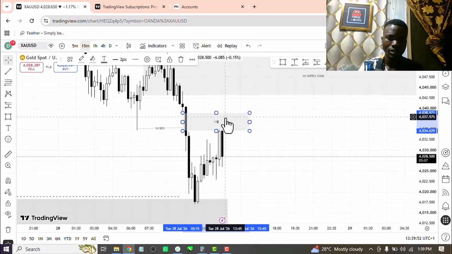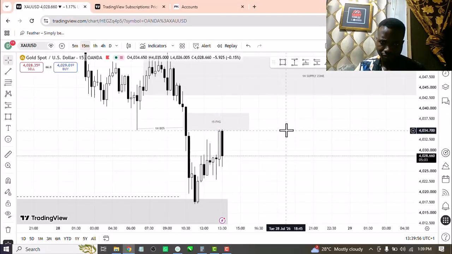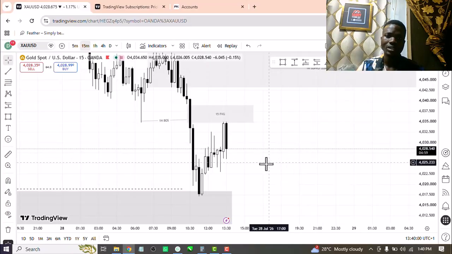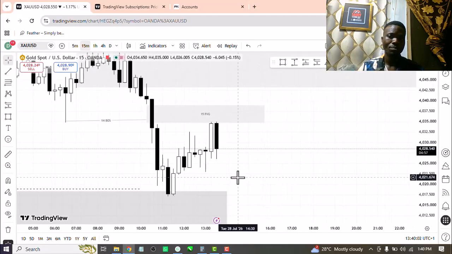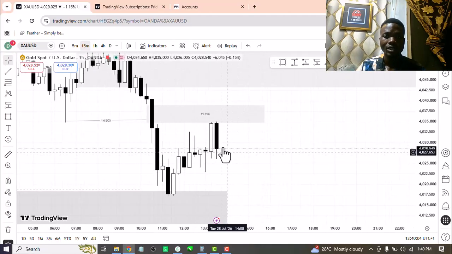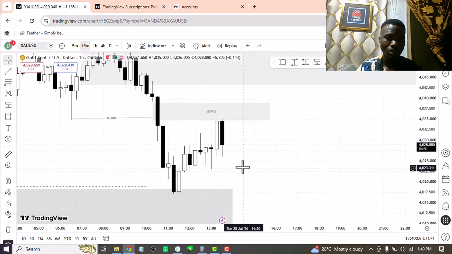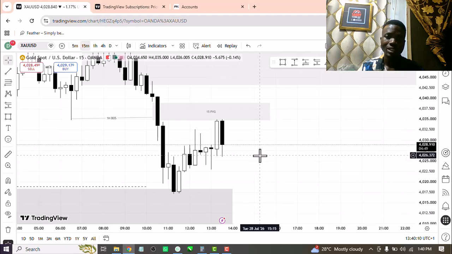So, 15 minutes FVG. In fact, one thing that I'm noticing on price right now is that this selling candle that is currently forming is not a strong engulfing selling candle, right?